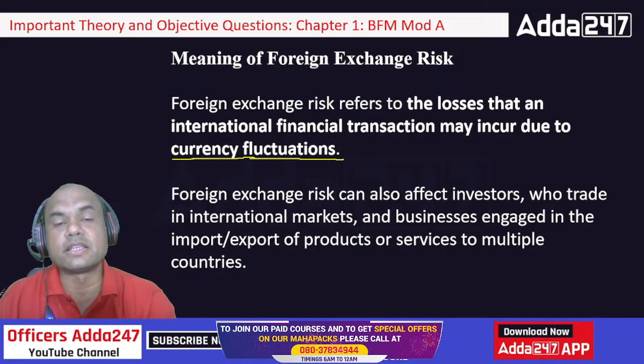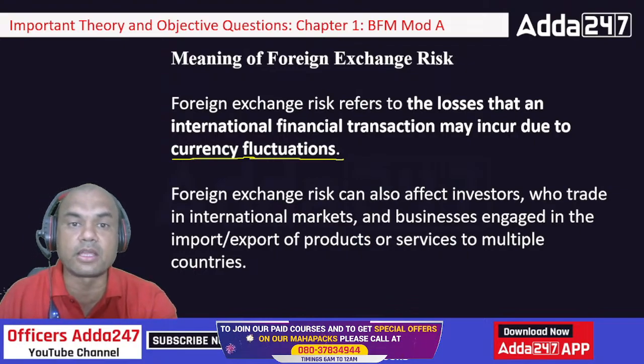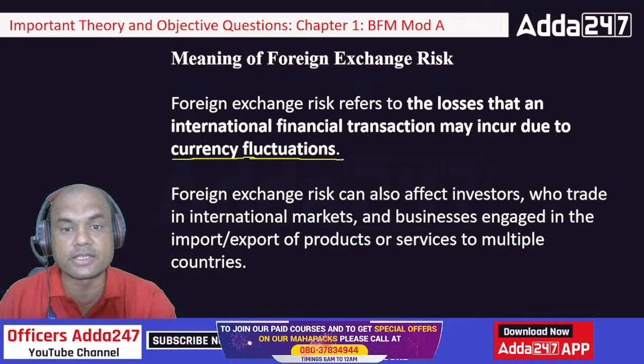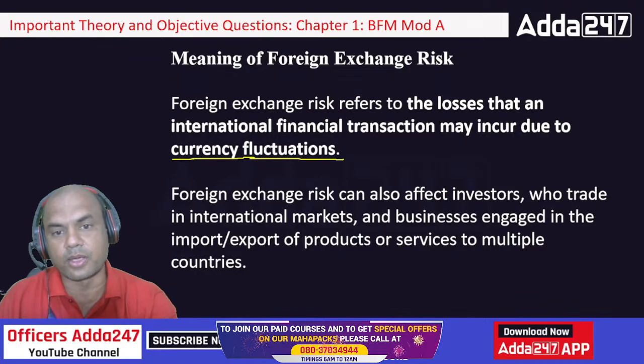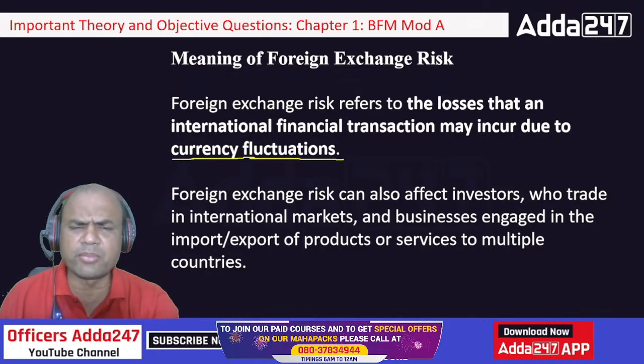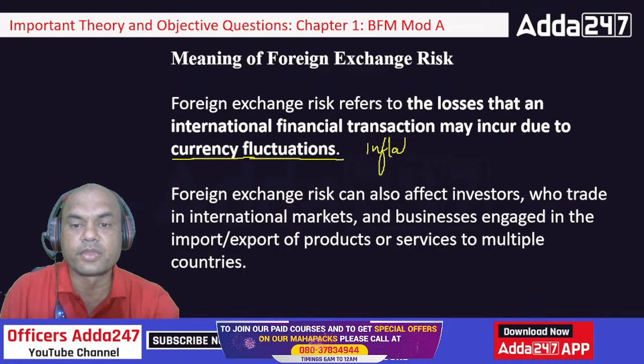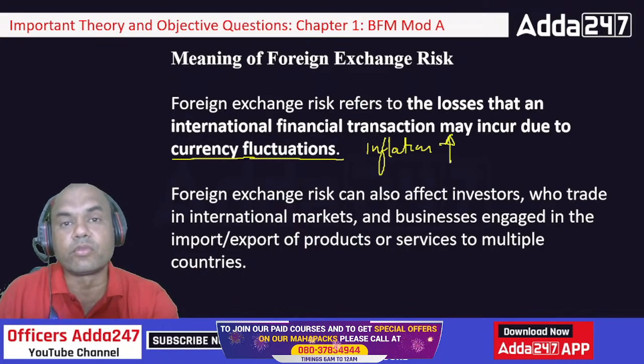If there are any changes in the government policies of any country or if there is an inflation rise, then the currency changes do happen. Keep it very simple. Suppose if any country's inflation rate rises, what do you mean by this?